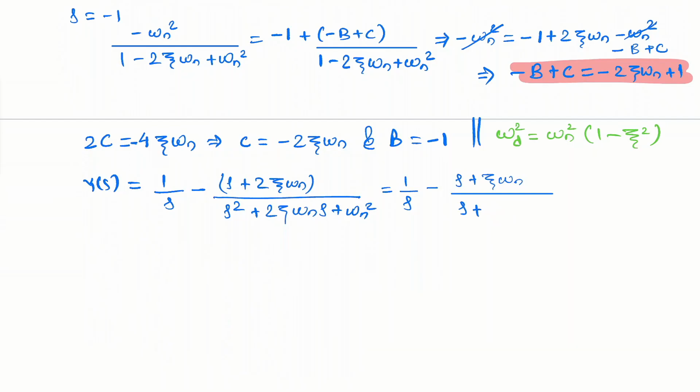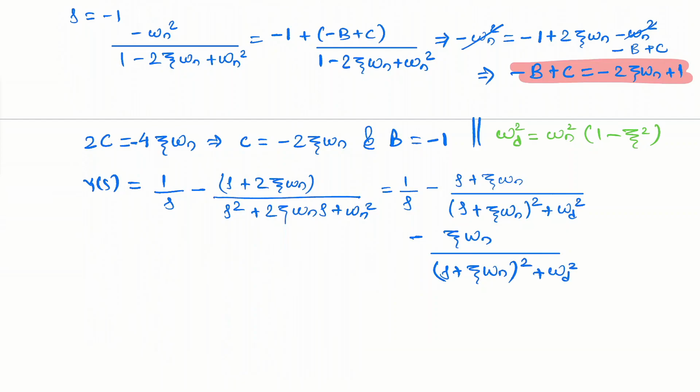So using this, we can write this s square plus 2 zeta omega n s plus omega n square as s plus zeta omega n whole square plus omega d whole square. And similarly, we'll have minus zeta omega n over omega d square.